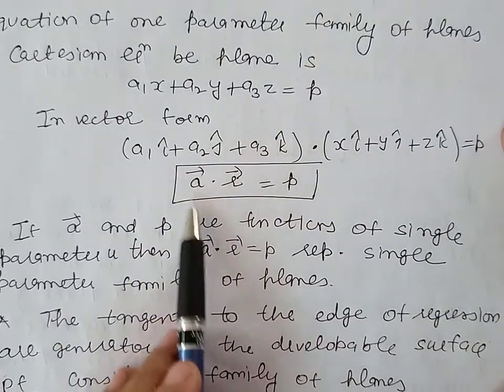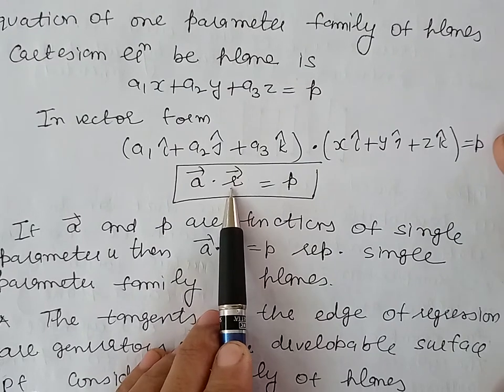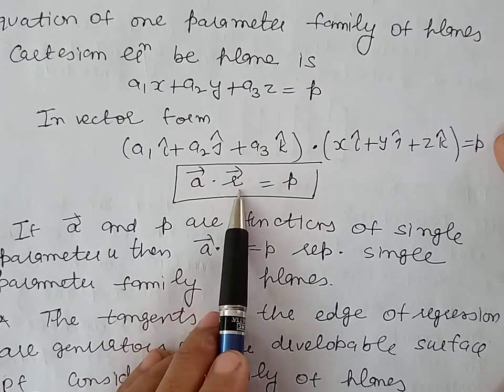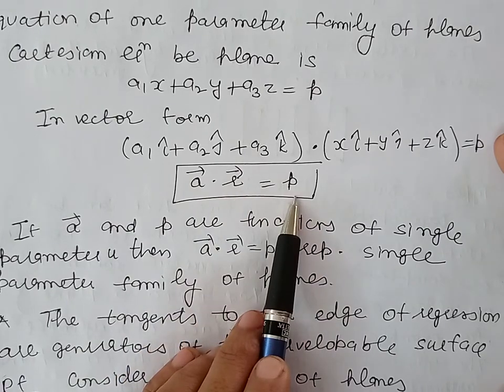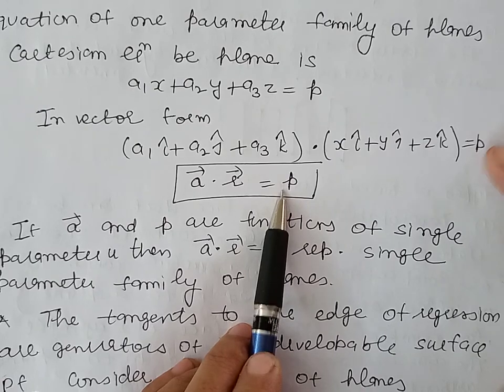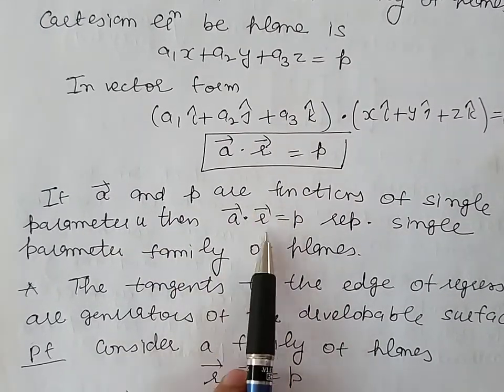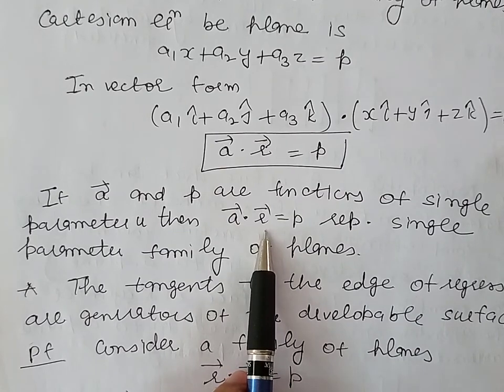If we denote the first vector by a and the second vector by r, then in vector form, the equation of the plane is a · r = p. If a and p are functions of a single parameter u, in that case, this equation represents a single parameter family of planes.